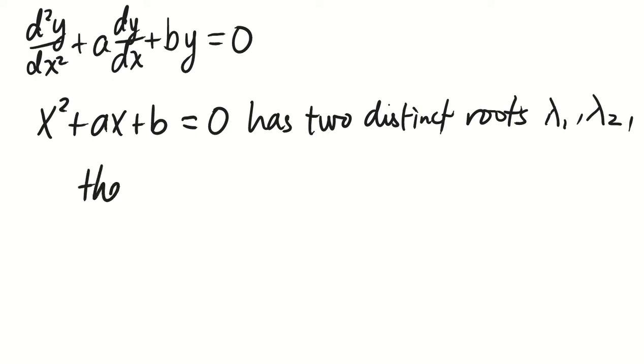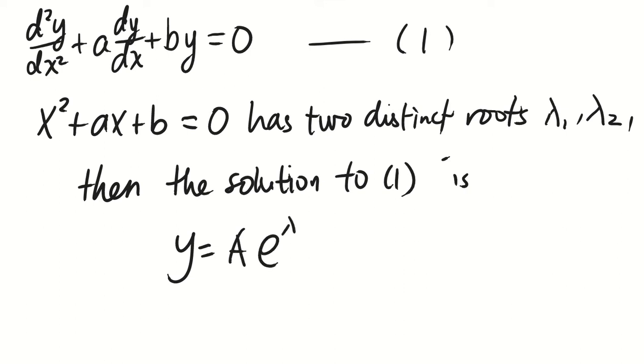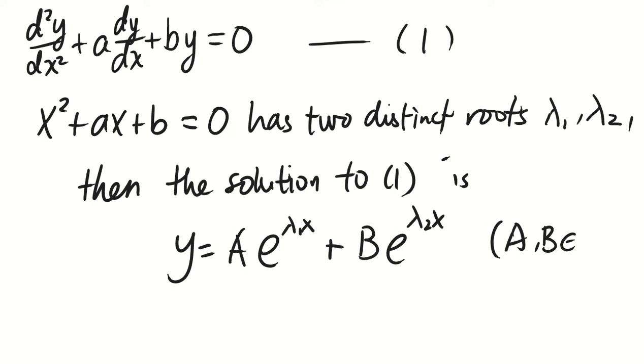Then the solution to this differential equation, the solution to 1, is y equals a times e to the power of lambda 1 x plus b times e to the power of lambda 2 x, where a and b are constants.